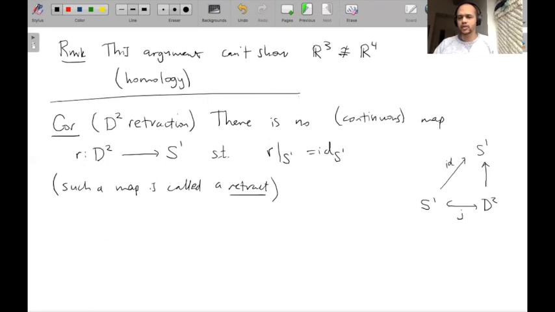So here's the inclusion J, and we're wondering whether or not there exists some map R. I'll indicate that we don't know that this map exists with a dotted line. We want to know if there's a map like this. And topological invariants are useful for studying these types of problems. To illustrate that, let me just tell you the proof now. So proof.